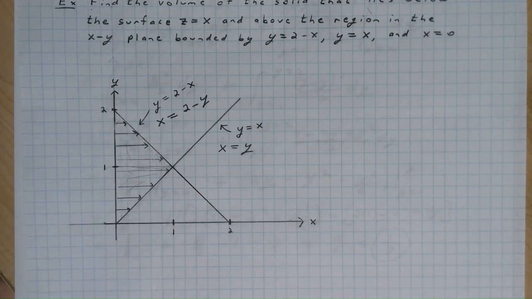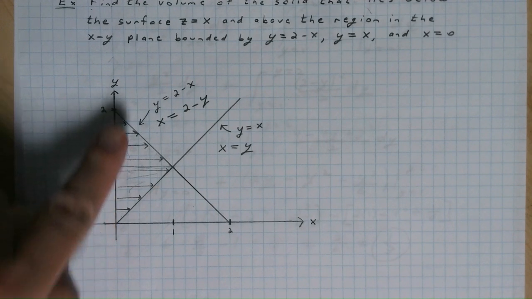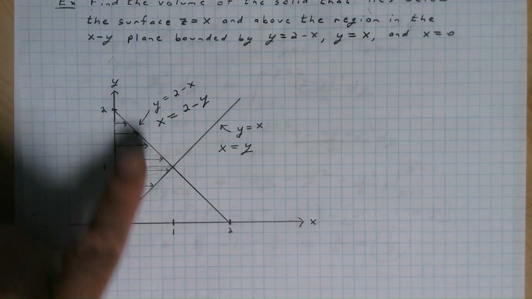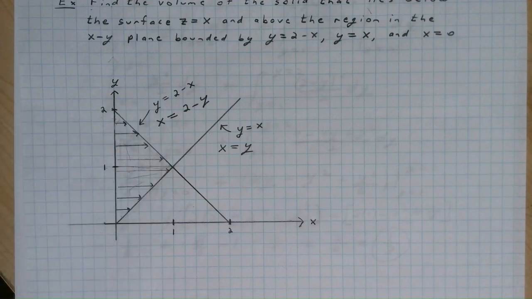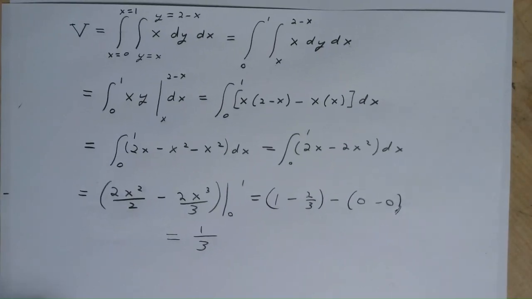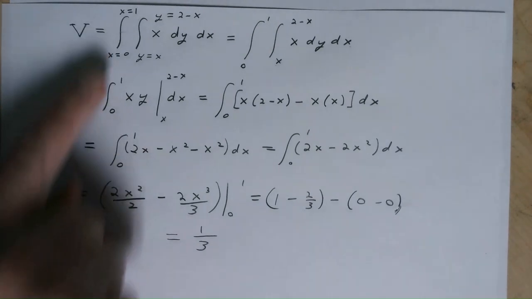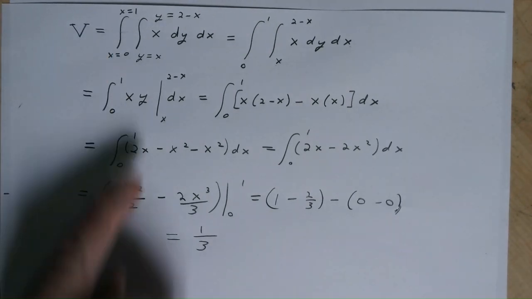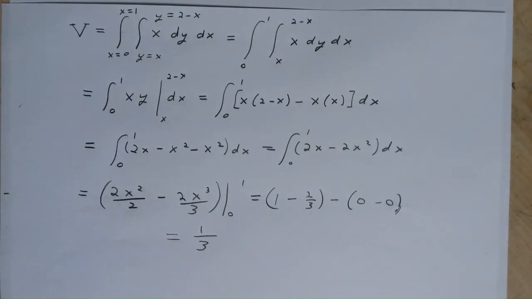It's usually more advantageous to integrate in the direction that just has one integral to set up rather than two. In this case, that was in the y direction. It was much easier to integrate in the y direction first. We got the same answer both times, but it was much easier to do y first.